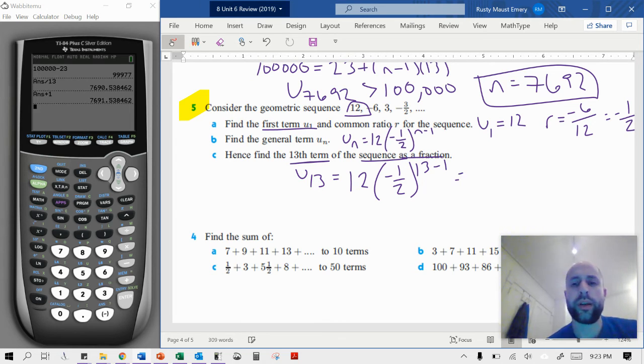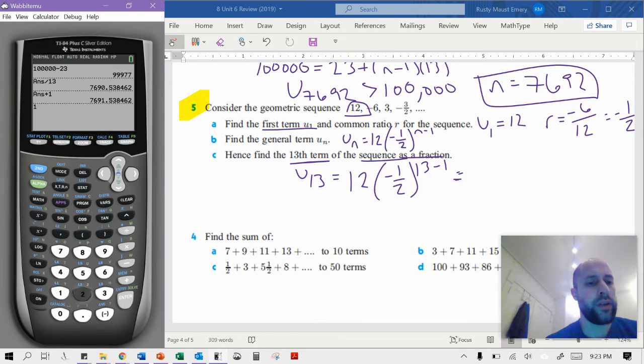So let's just go and plug that into our calculator. I'm going to take 12 and then make sure, in this case, to use parentheses, negative 0.5, right? So negative 1/2 to the power of 12. And I get a decimal.